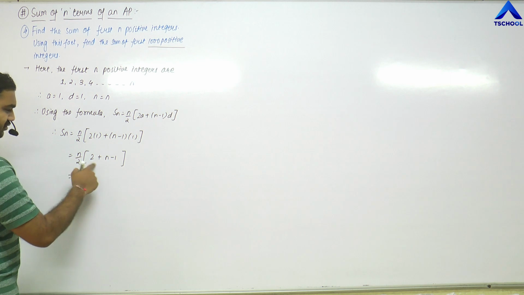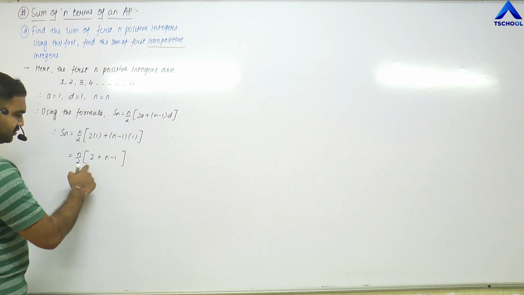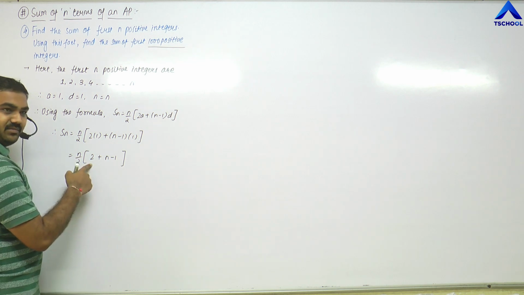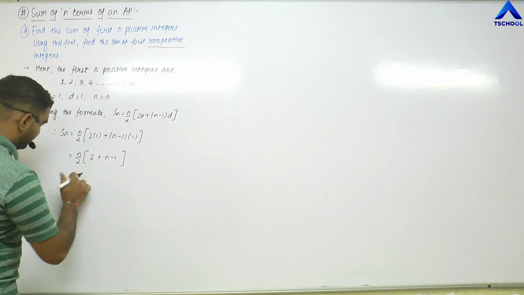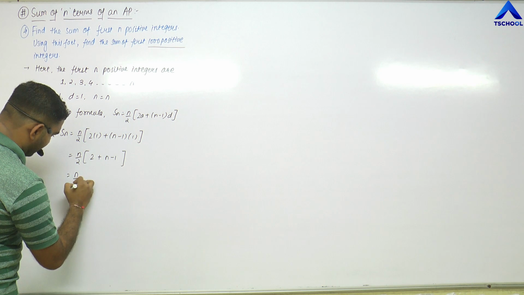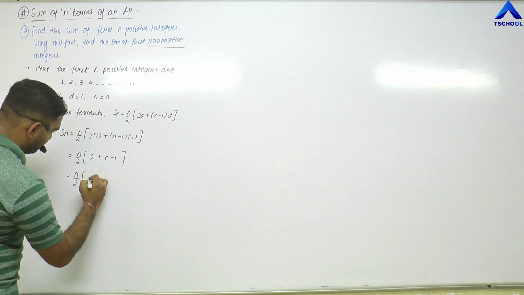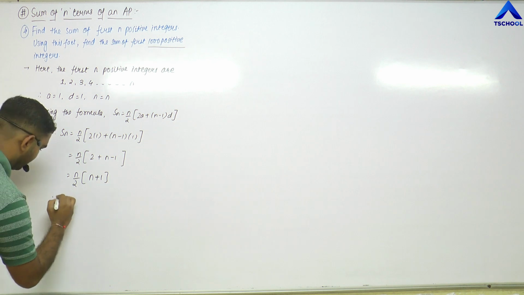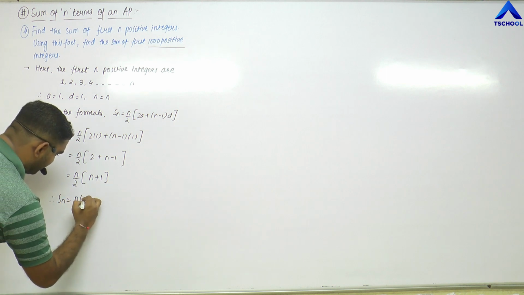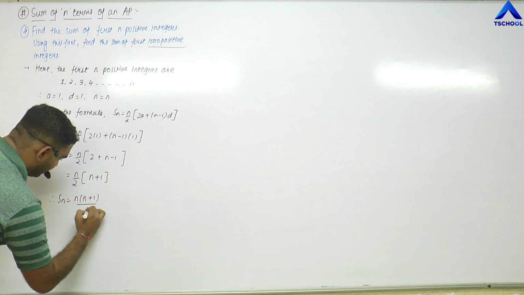Don't cancel this 2 and 2 here, because this 2 inside the bracket is different from this n by 2, right? That is equal to n by 2 into 2 minus 1, which will give you n plus 1. Therefore Sn equals to n into n plus 1 by 2.